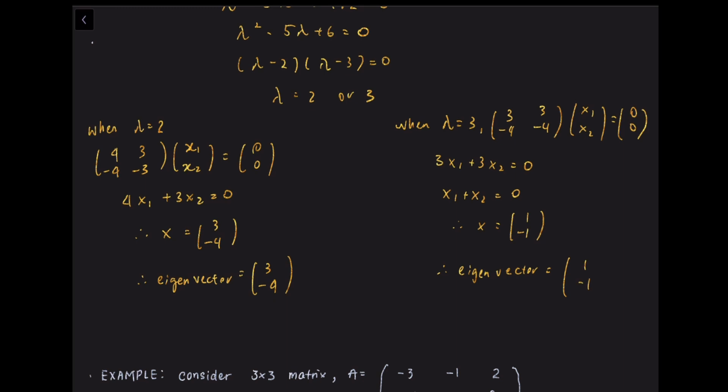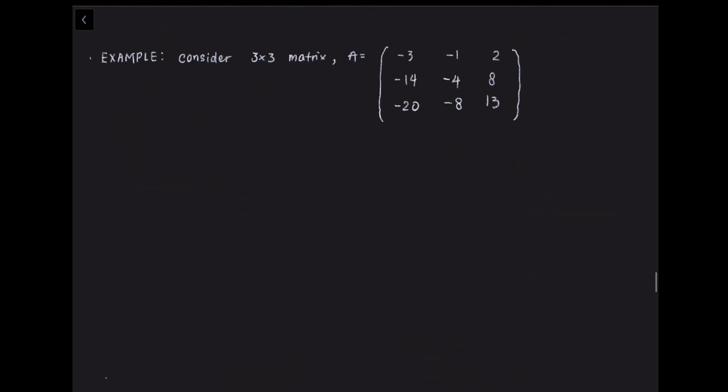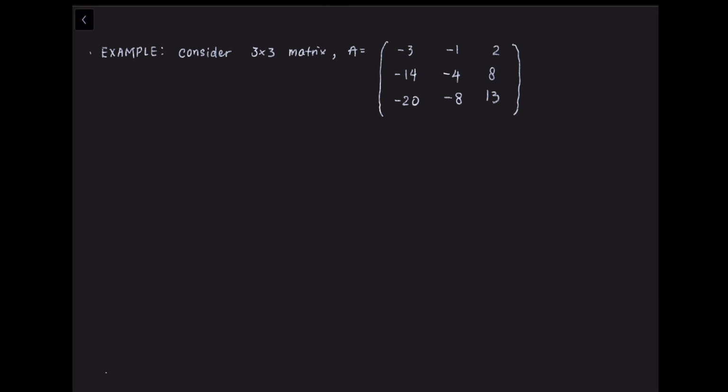We now consider the process of finding the eigenvalues and corresponding eigenvectors of a 3x3 matrix, which has 3 real and different eigenvalues. In the 3x3 example, A equals [-3, -14, -20; -1, -4, -8; 2, 8, 13].